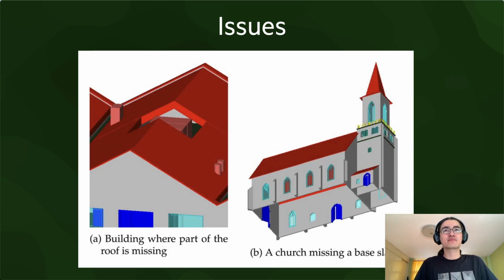Like in this example of a church, there's nothing in the bottom because people will not be looking at the bottom of the model. So this was a very nice result and a sort of success, but it also highlighted that when you look at BIM models used in practice, like generated by architecture firms, the methodology doesn't really work because there are way too many of these issues, which is something that we have been trying to work on since then.